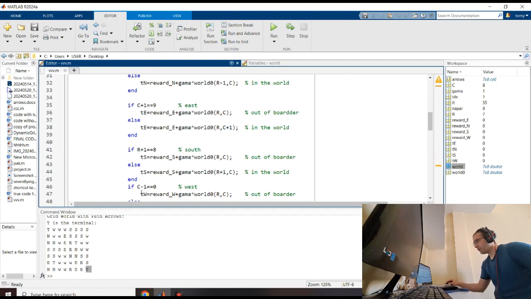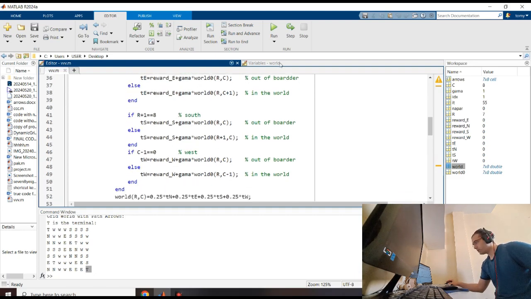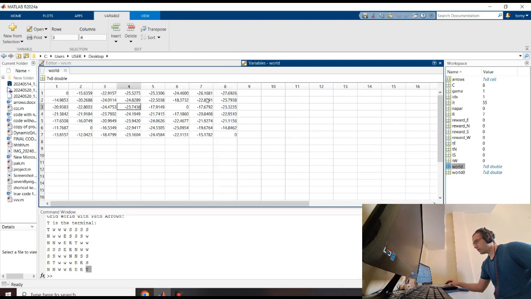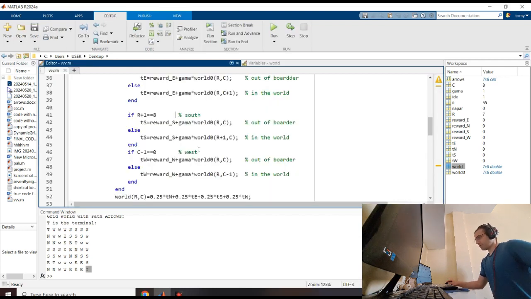And now if column minus 1 is equal to 0, it's out of border. So if the column is 1 and minus 1 equal to 0, it's west.